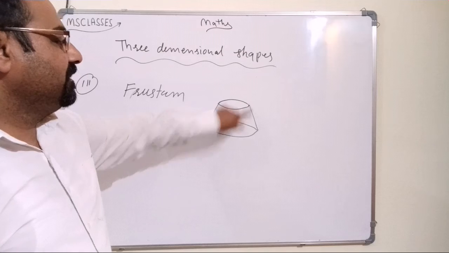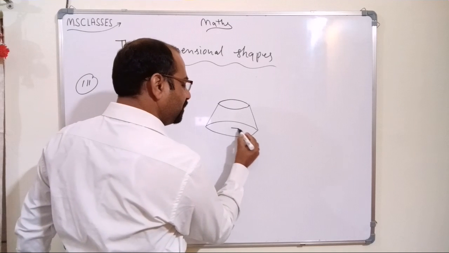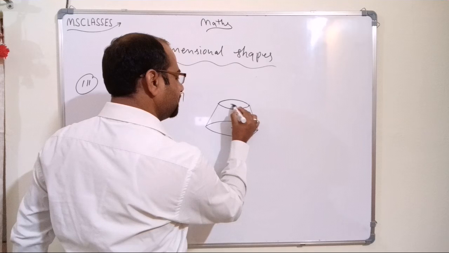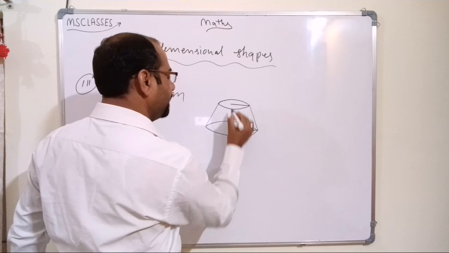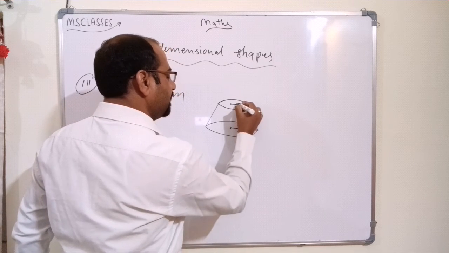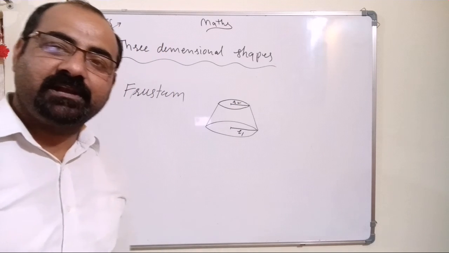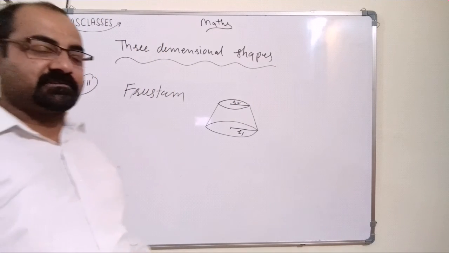This frustum has two circular edges and two radii from the center. This is R1 and this is R2, right? So this is the frustum.